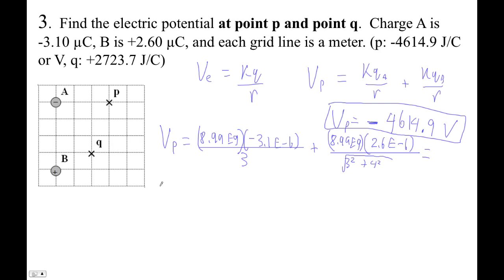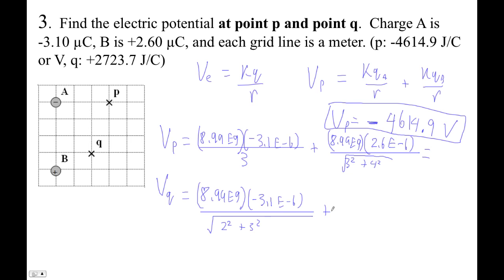Then the voltage at Q is going to be 8.99 E9 times negative 3.1 E minus 6. And then how far is Q from A? It's 1, 2, and 1, 2, 3. So the square root of 2 squared plus 3 squared. Is that right? Let's just double check. 1, 2, 3, and 1, 2.